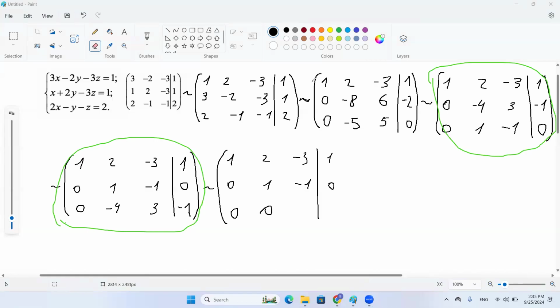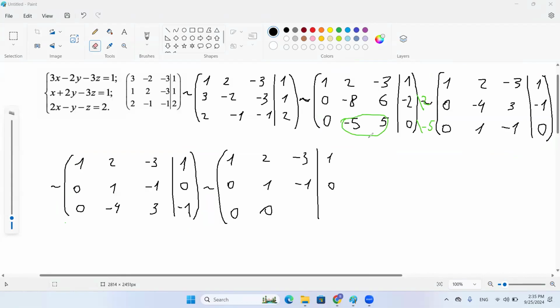So we divided it by 2. Okay, let's make everything clear. So we divided this row by 2 and this row by -5. So we just divide both sides of the equations. This part is divided by 5 and this part is divided by 5 and by -5.